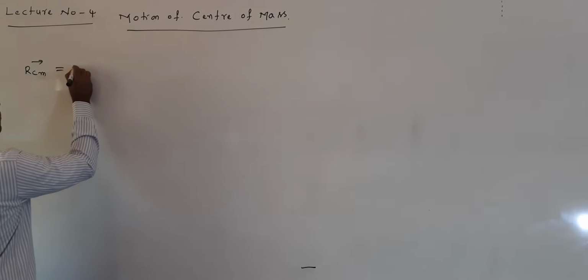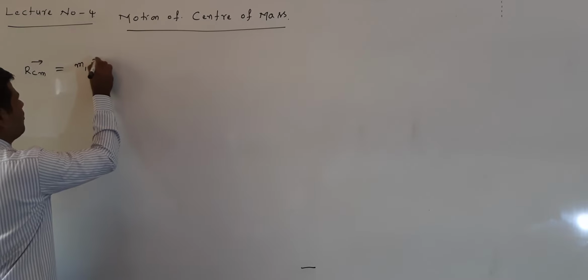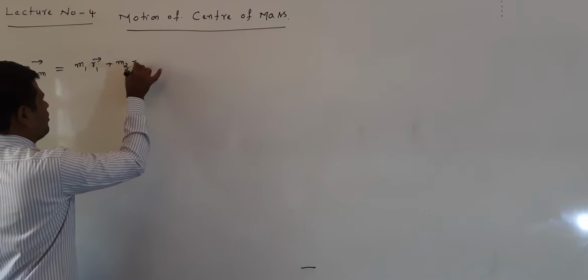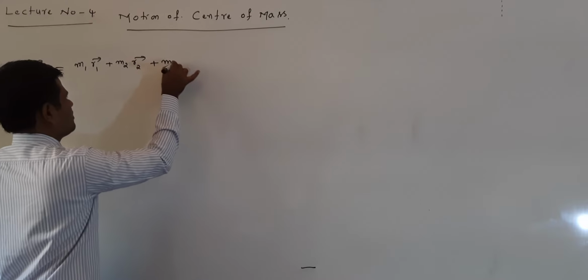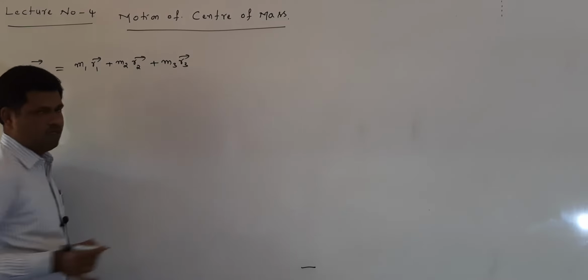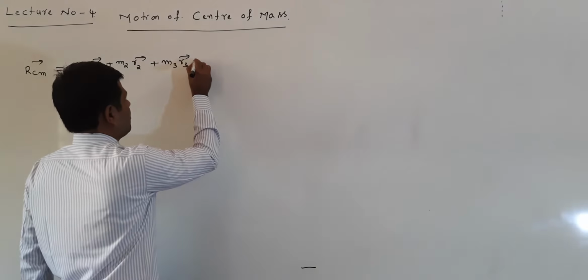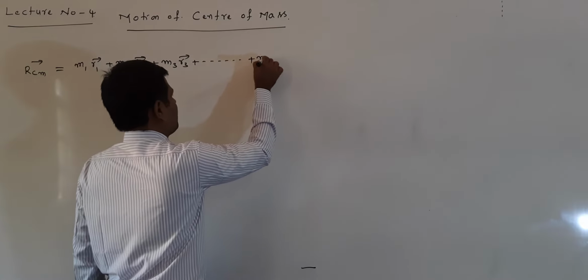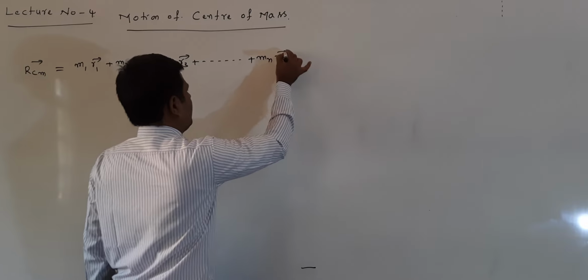RCM bar is equal to M1 R1 bar plus M2 R2 bar plus M3 R3 bar plus and so on, Mn Rn bar, divided by M1 plus M2 plus M3 plus and so on, plus Mn.